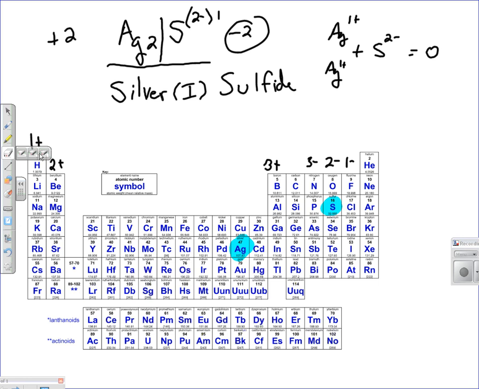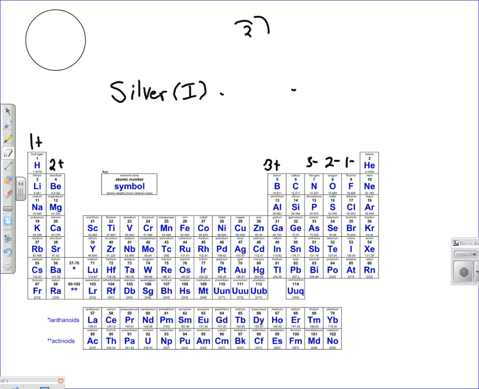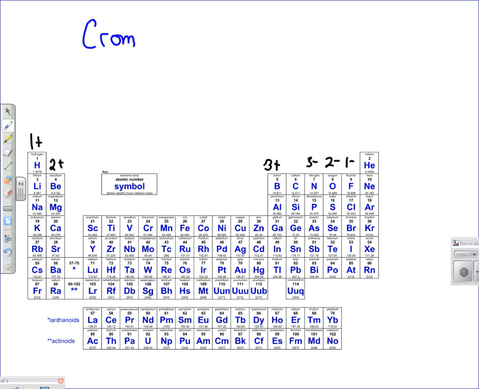Now, suppose we wanted to do something that contained a polyatomic ion. Well, the only difference with the polyatomic ion is that you've got to know what it looks like and you've got to know its name. And so imagine we did something like chromium sulfate. I've got to change this slightly.